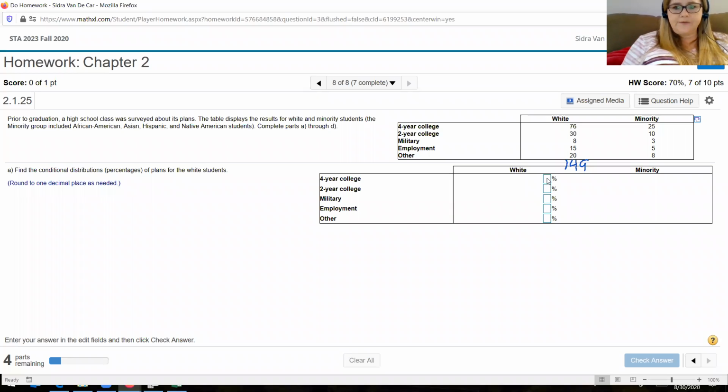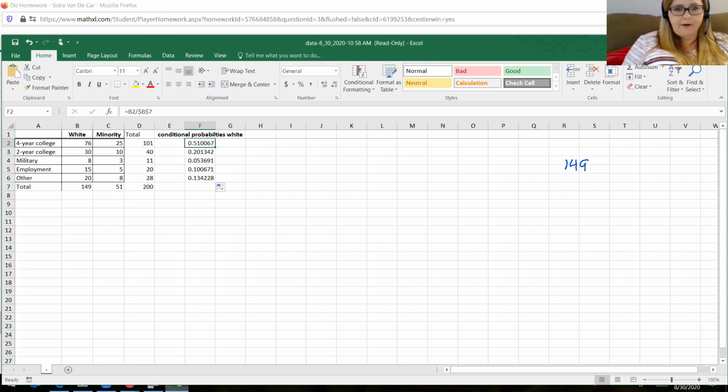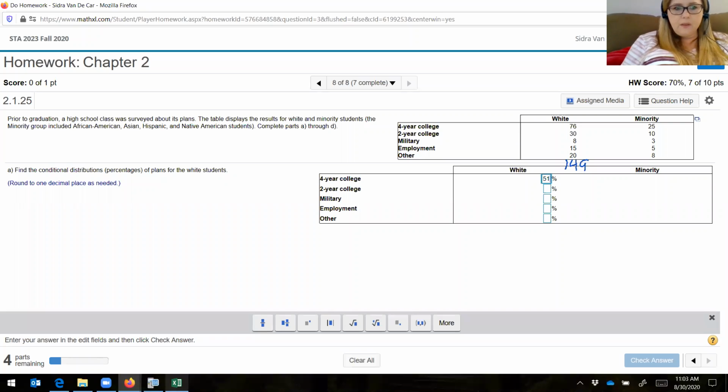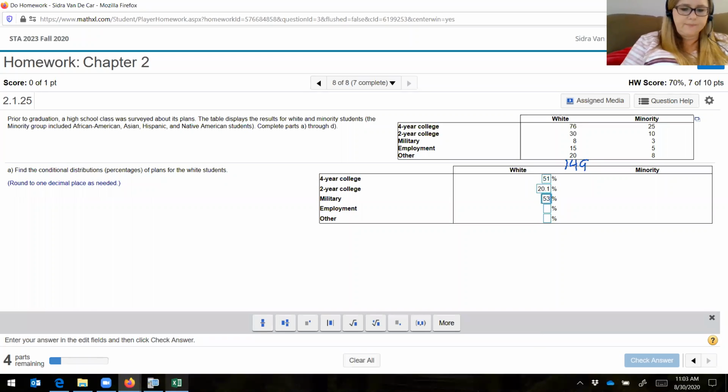So the ones that attended first year college, I think that was 51%. 51% right here, times by 100. That's 20.1%. Military, times by 100, that's 53.7%. Employment.